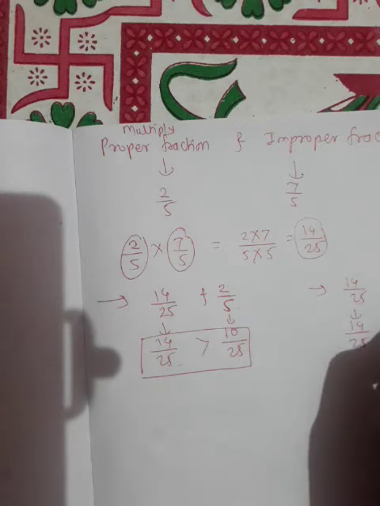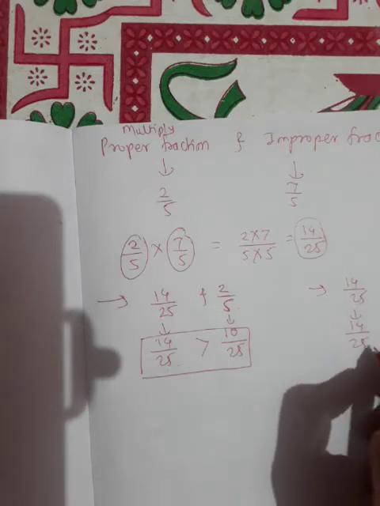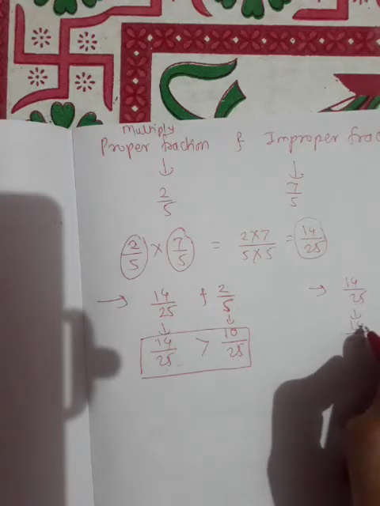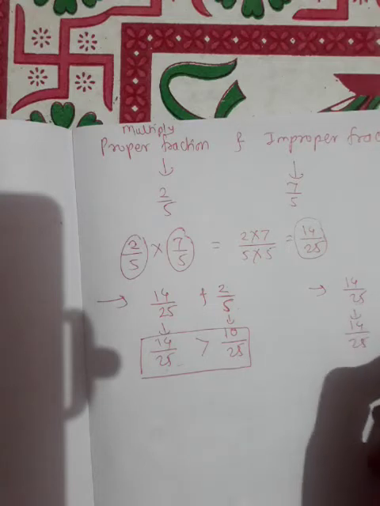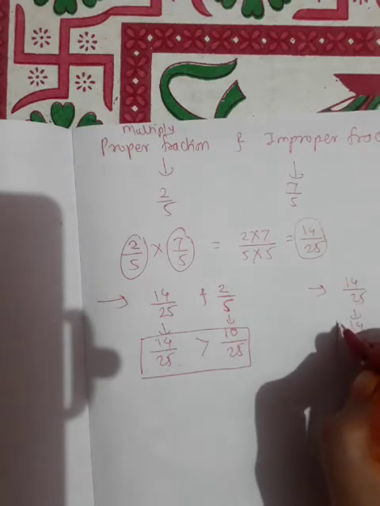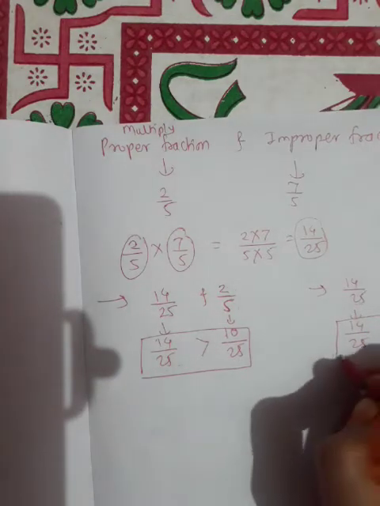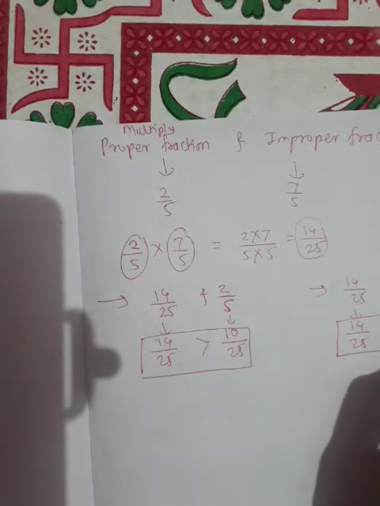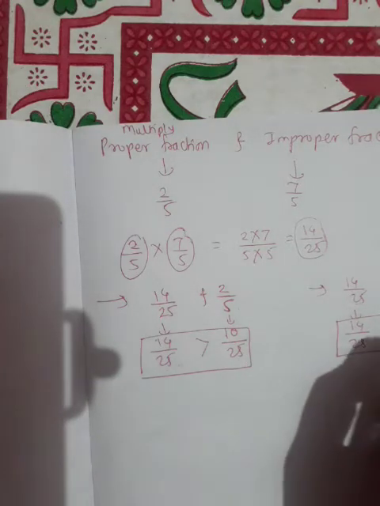As we multiply the denominator by 5, we multiply the numerator also by 5, and 7 5s are 35. So here the denominators are the same, but the numerator 14 is less than 35, therefore 14 upon 25 is less than 35 upon 25.